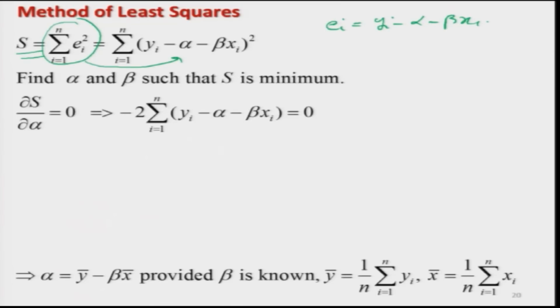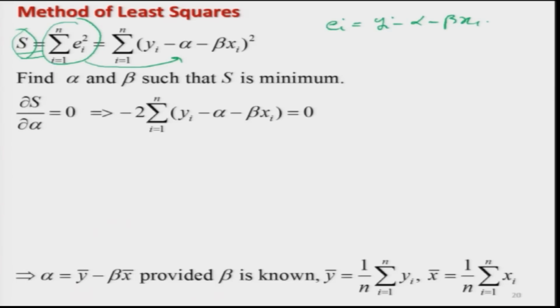For that I need to find the first order derivative of S with respect to alpha and beta, put it equal to 0, and then check by finding the second order derivative whether the maxima or minima has been achieved.